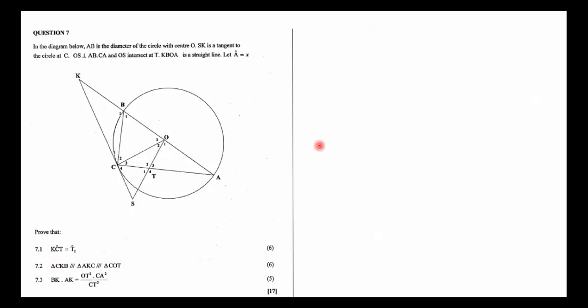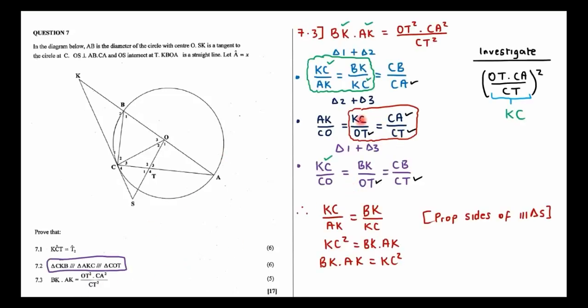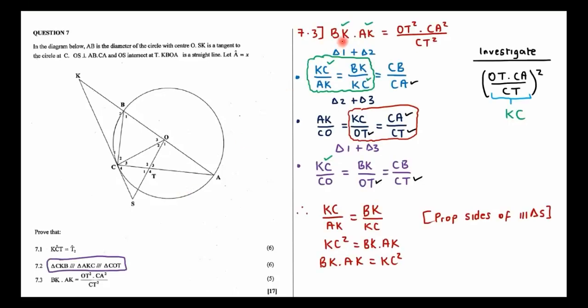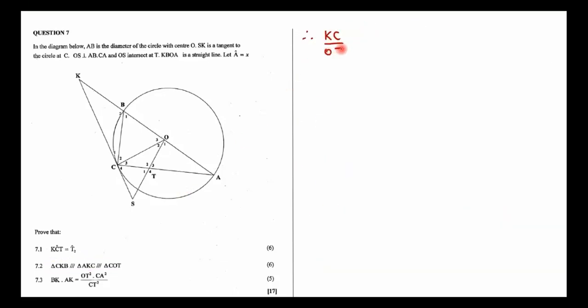Okay. Then now from there, what did we do after? After we saw that KC, we had to calculate that. So now from there, we're going to write it as KC over OT equals to CA over CT, and of course those are the proportional sides of similar triangles.